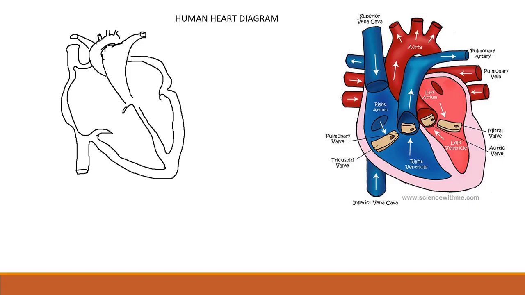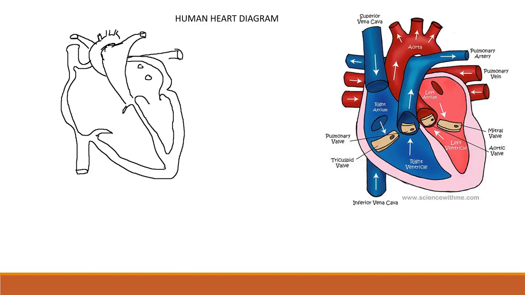And here we are drawing the mitral valve or the bicuspid valve, right? And here you can put two dots, and these dots are nothing but the opening of the pulmonary vein, right?